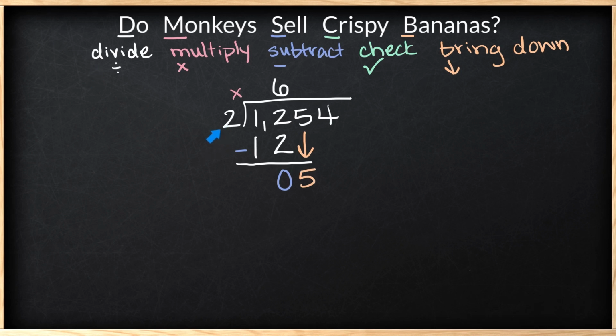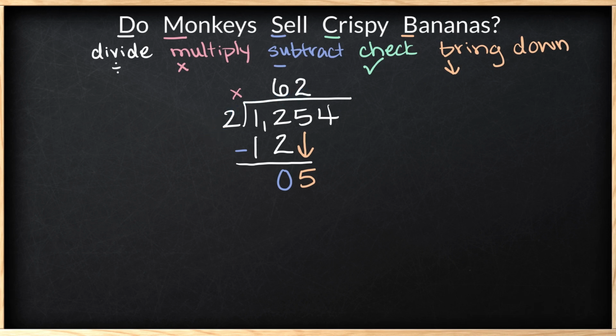I ask myself, how many times can 2 go into 5? Let me think. 2 can go into 5 2 times. So I'm going to write my 2 above my tens place, and I'm going to multiply.